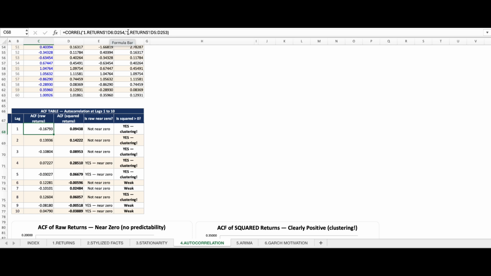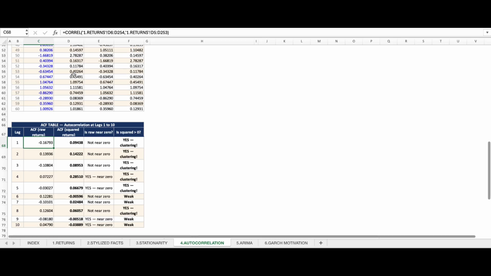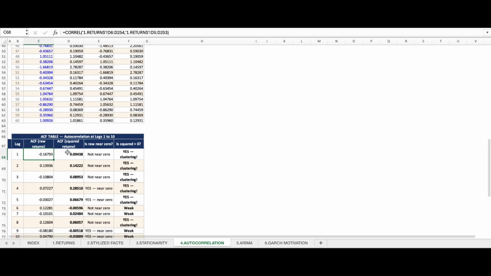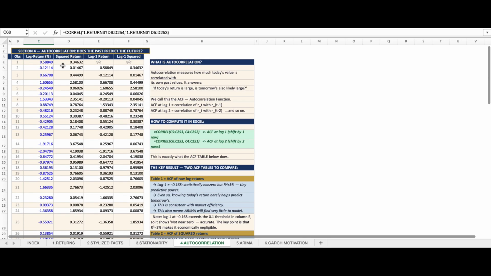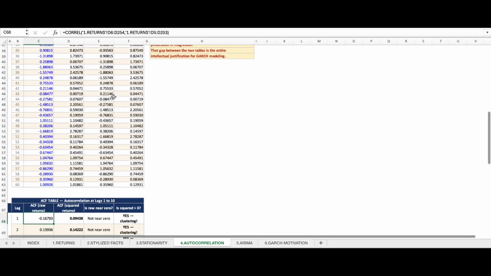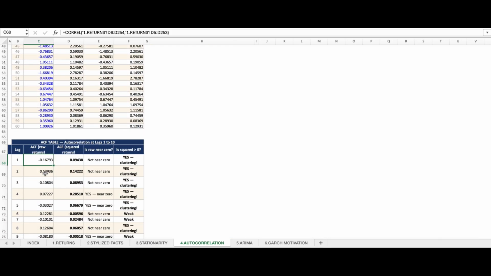So if your returns are in column B starting at row 4, you write CORREL of B5 through B253 against B4, which is the previous row, through B252, which is the last but one row. The shift of one row is what creates the 1 day lag.